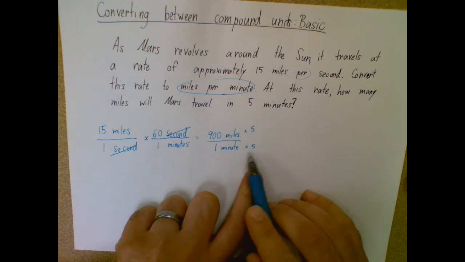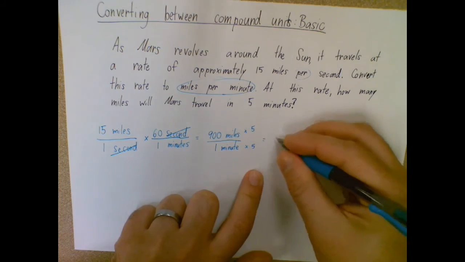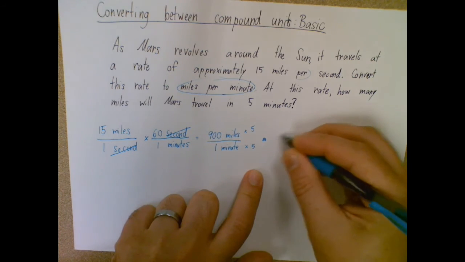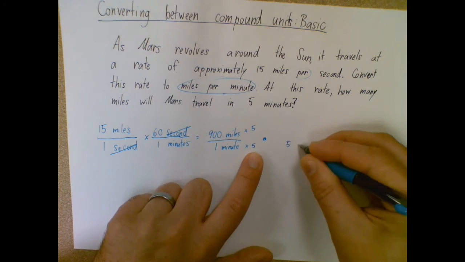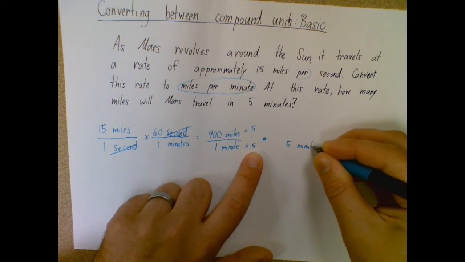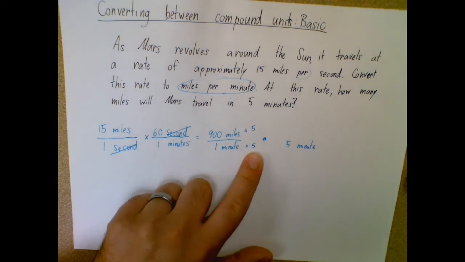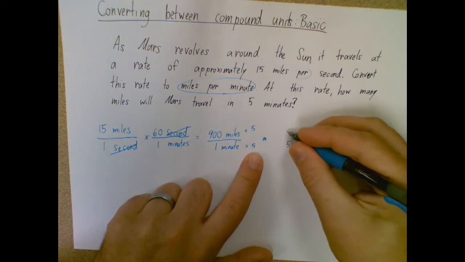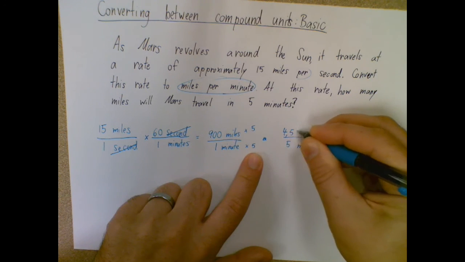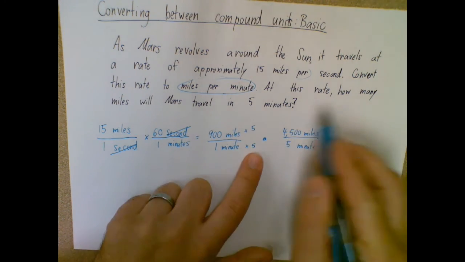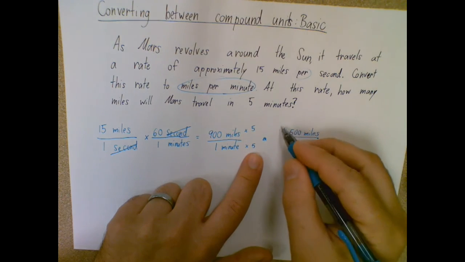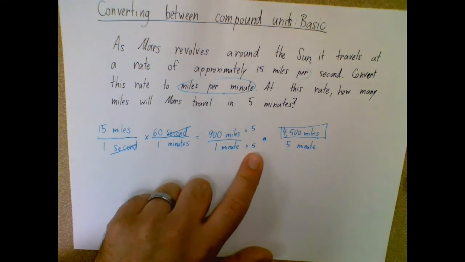So if I multiply this by 5 to get 5 minutes, it's not actually equal, so I'm going to say 5 minutes, 1 minute times 5, and then I have 900 times 5. So it would be 4,500 miles in 5 minutes. Okay, so how many miles would Mars travel in 5 minutes? 4,500 miles.